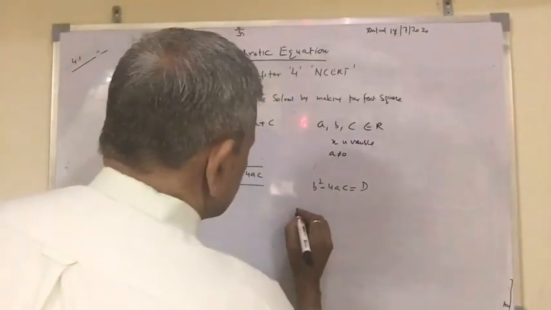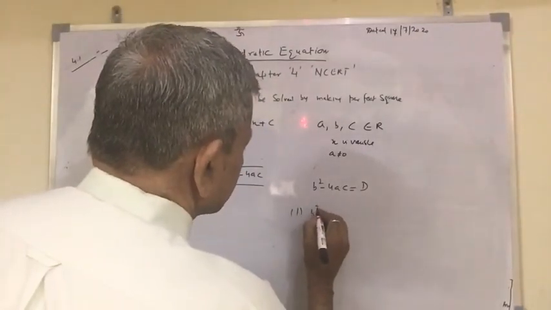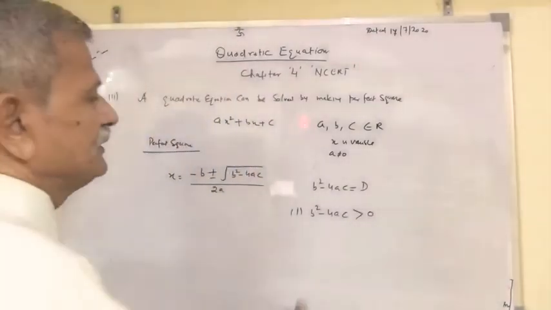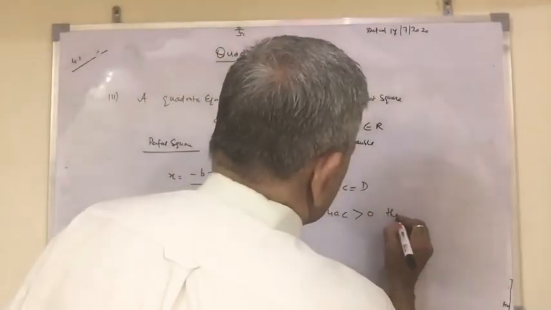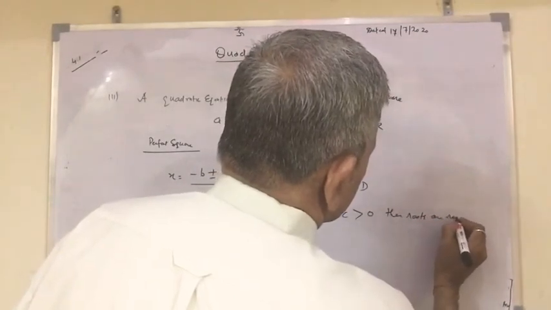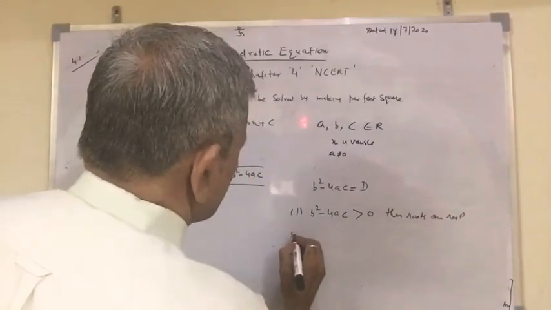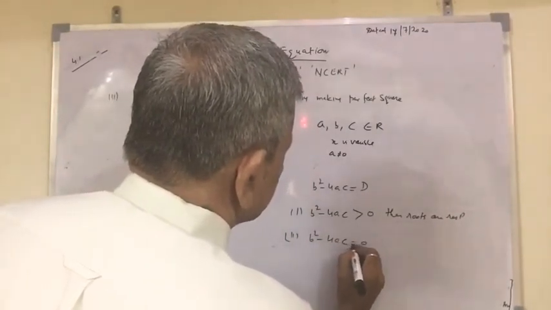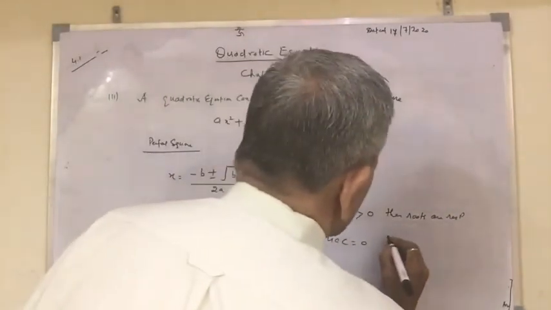First, if b square minus 4ac is greater than 0, then the roots are real. Second, if b square minus 4ac is equal to 0, then the two roots are equal.